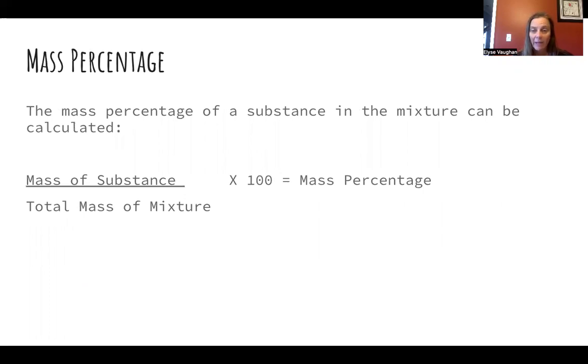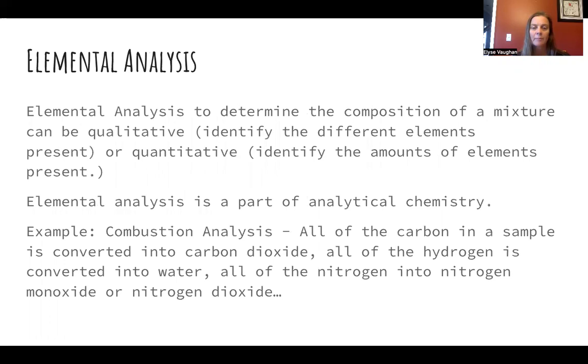We can calculate a mass percent of any substance in the mixture. Same way we calculate any percent, part over whole times 100 gives us mass percentage. We frequently do elemental analysis on mixtures, and that allows us to determine composition usually quantitatively, but it can also be qualitative. It's a part of analytical chemistry.